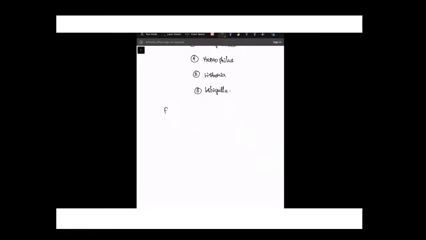Then we move on to fungal keratitis. In fungal keratitis, there are more signs than symptoms.